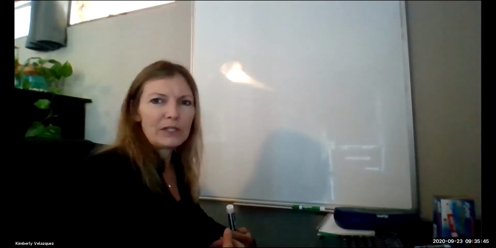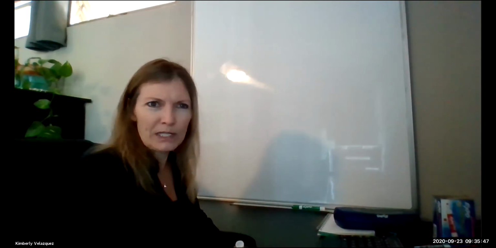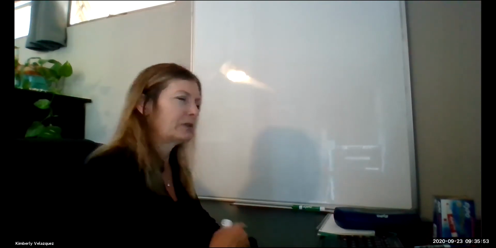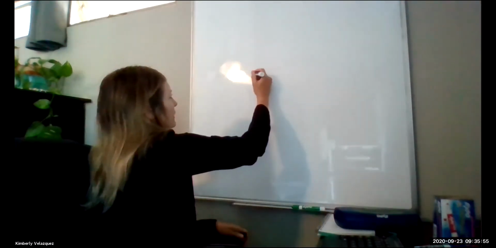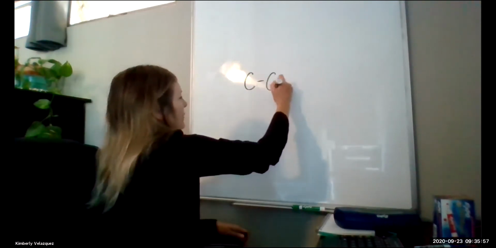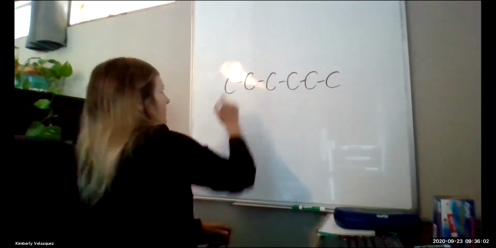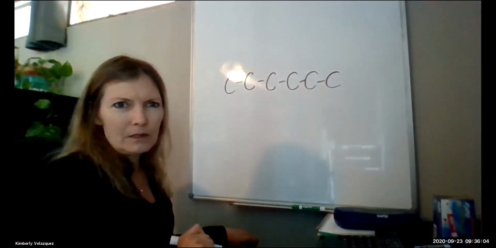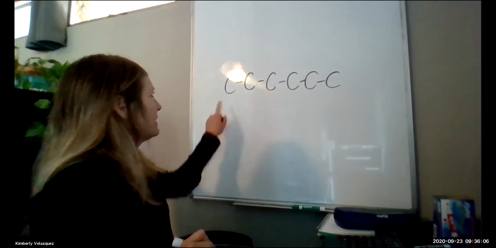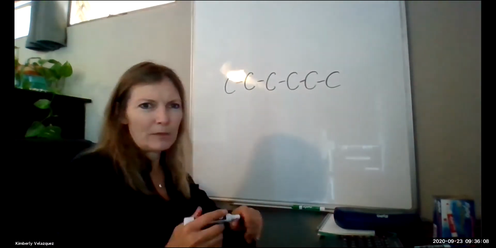So if we have a carbohydrate in our bodies, it's going to be a ring structure. I don't like drawing the ring structure on the board though, because it's hard to compare that with the other macromolecules. So I'm going to draw the linear structure of a carbohydrate. Remember that all organic molecules are a chain of carbon. So we're going to start out with just a chain of carbon.